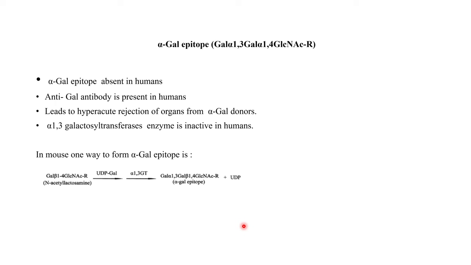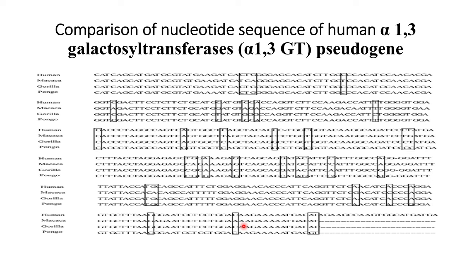There are other ways also, and this is a study that has been conducted to understand the differences between the alpha galactosyl pseudogene and the alpha 1,3 galactosyl transferase gene that are present in other organisms where alpha 1,3 galactosyl transferase is active.